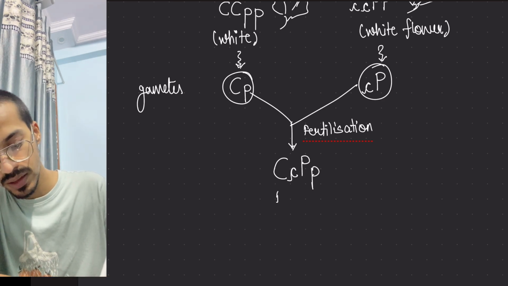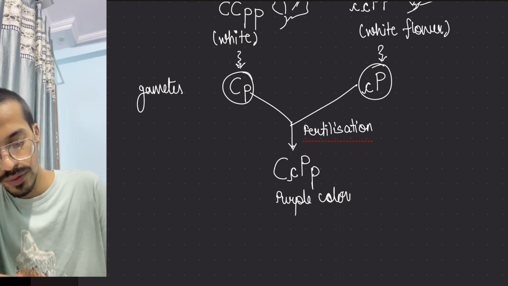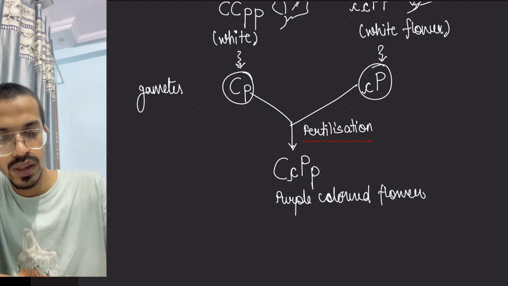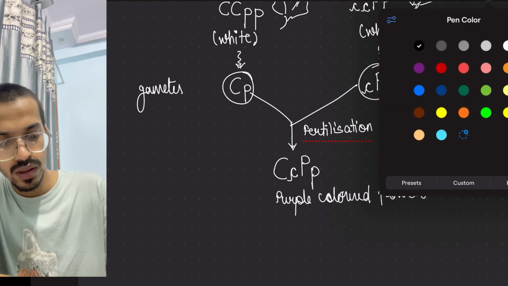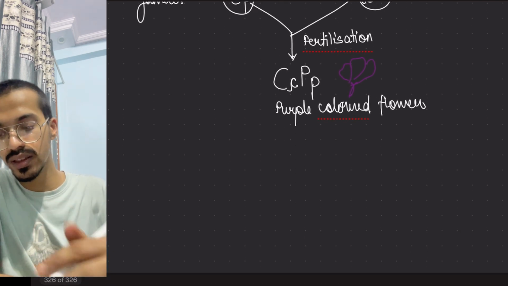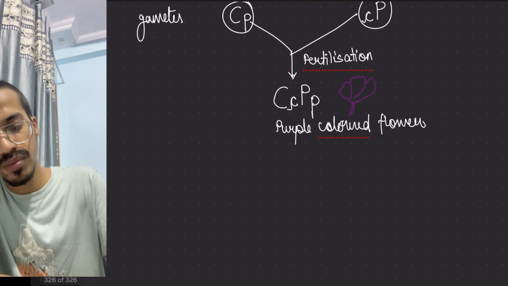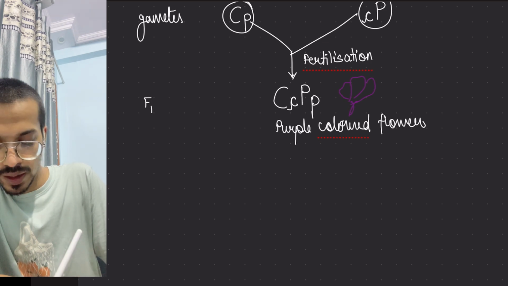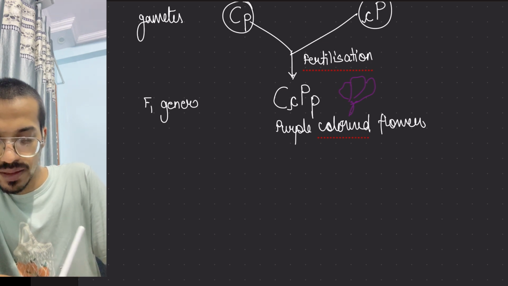So this will be a purple colored flower. Now when this F1 generation parent undergoes selfing, what will happen? That is the major thing.